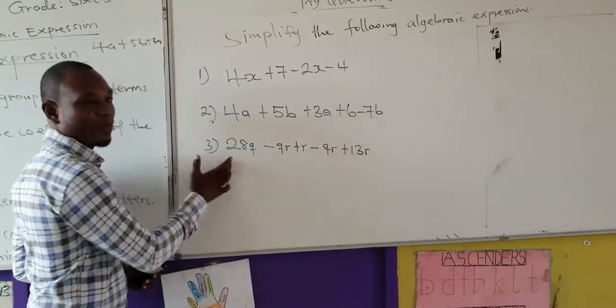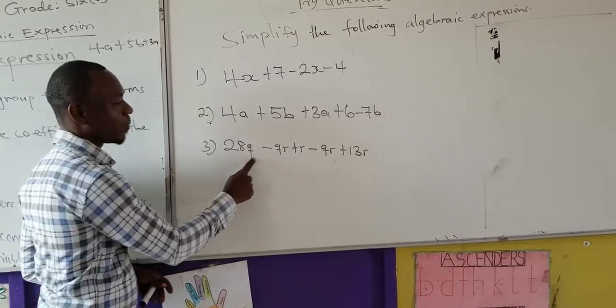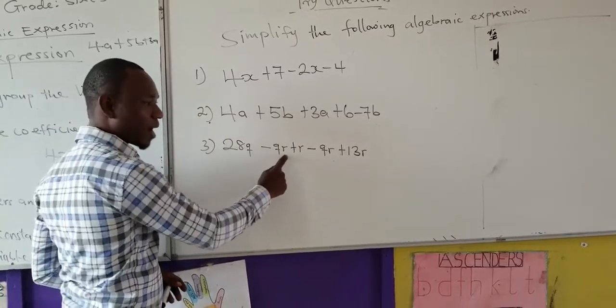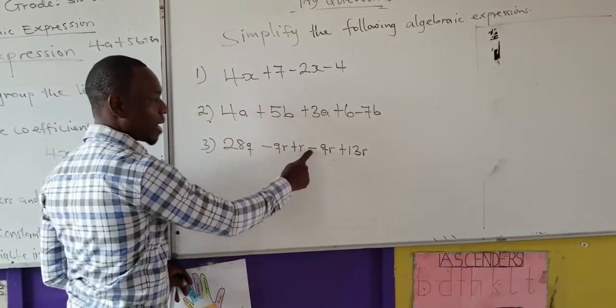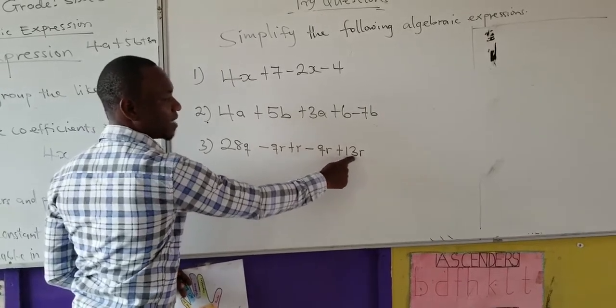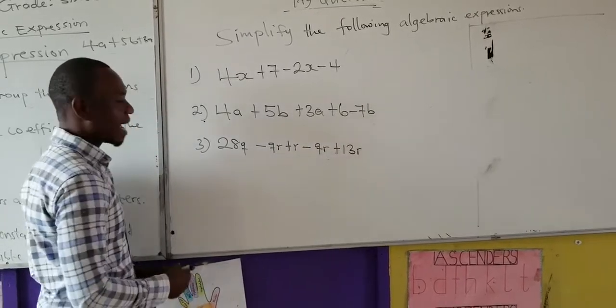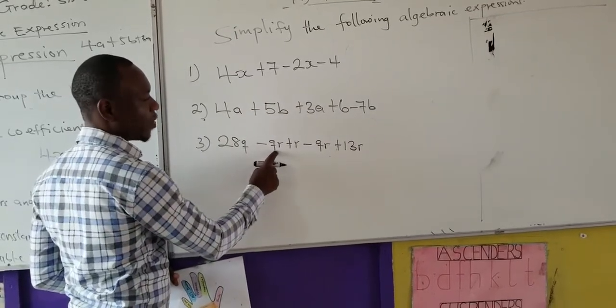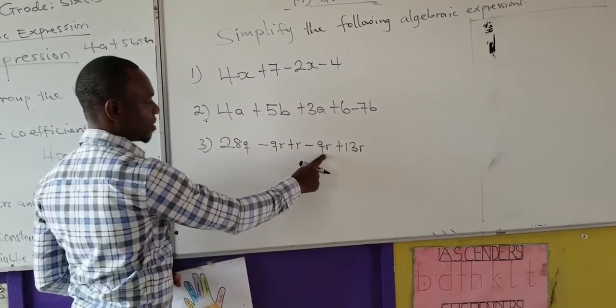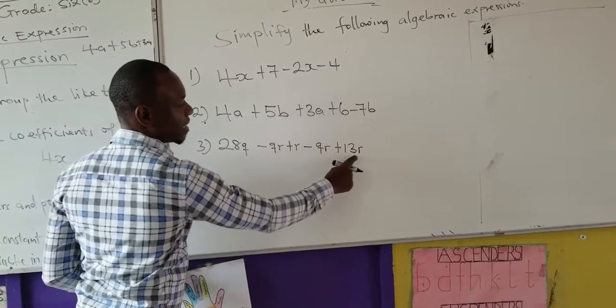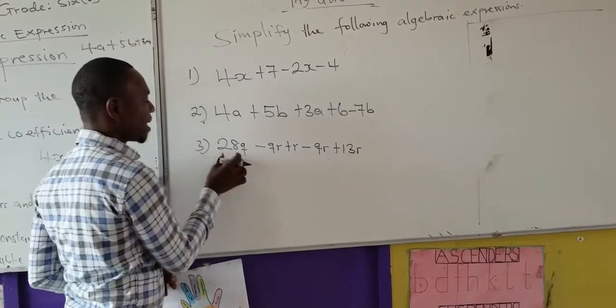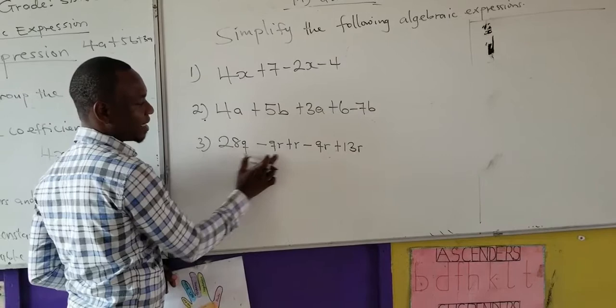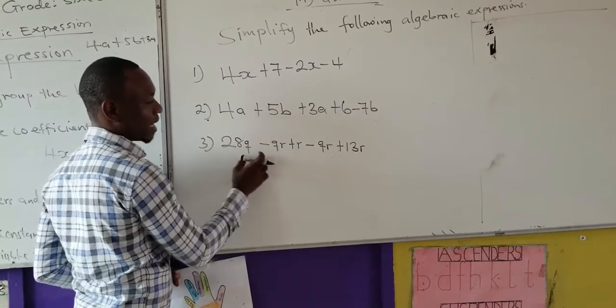And then number 3, 28q minus qr plus r minus qr plus 13 what? R. So here the like terms are qr and qr, they are like terms. R and then 13r are like terms. But the 28q stands alone, because there's nothing like q alone with a number or an alphabet.